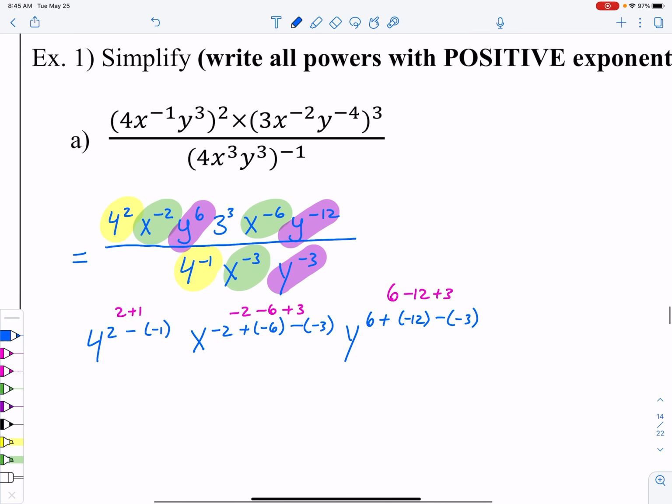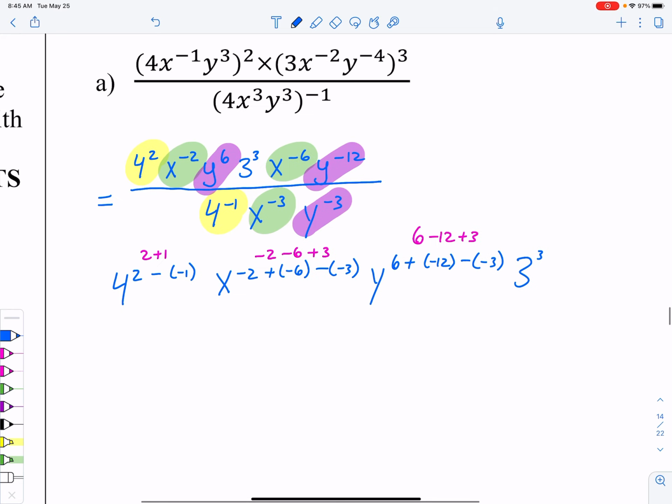And then finally, we can't forget this 3 to the 3, even though it has nothing to combine it with. We'll just write it over here as 3 to the 3. So now we actually need to add all these up. So when we do that, we get 4 to the 3, x to the minus 5, y to the negative 3, 3 to the 3.